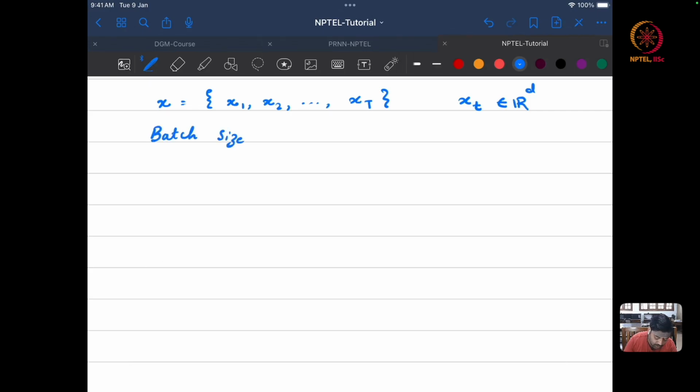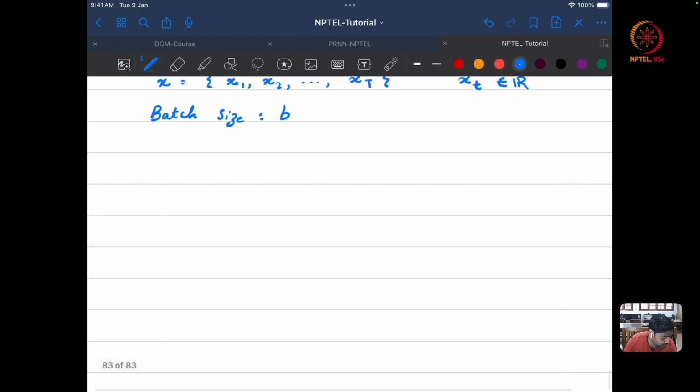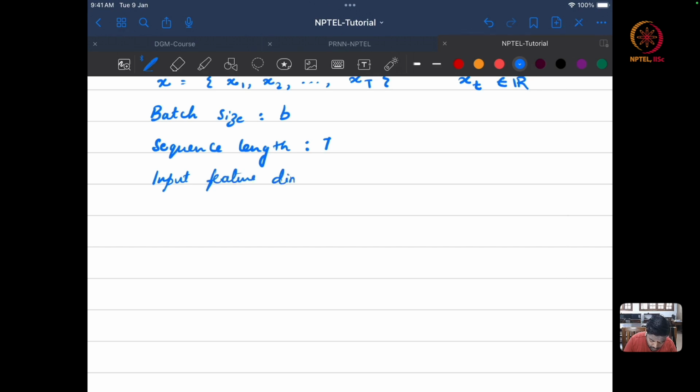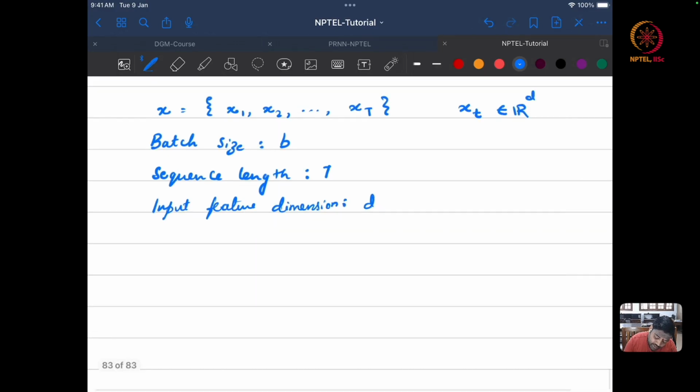Let's consider B as the batch size, and the total sequence length of this example, let's consider the sequence length as T, and the input feature dimension is D. Whenever we are saying the input feature dimension is D, what we mean is that we are considering an embedding of this first word.